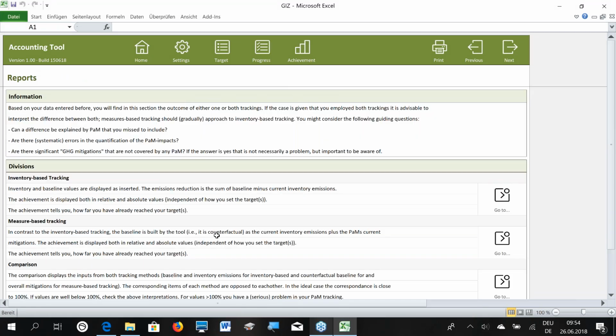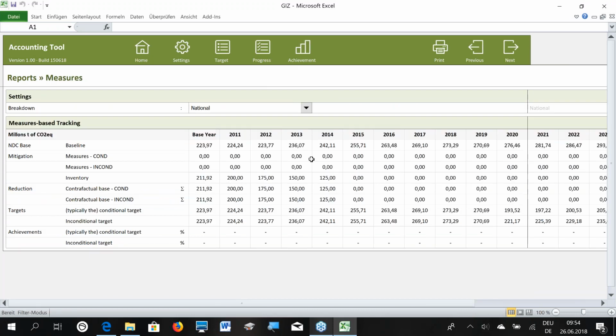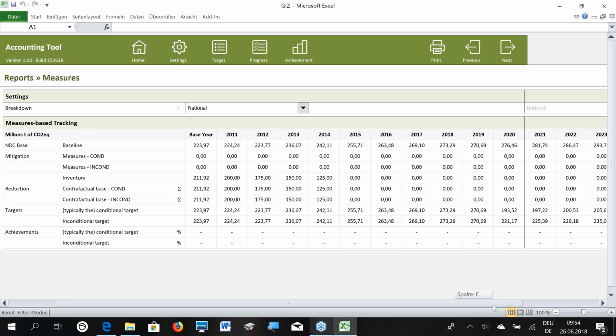And the same applies to the other instrument. So for targets, you would have the same information here. It's basically empty, because for this data I've shown you from Colombia, we haven't filled this data yet.